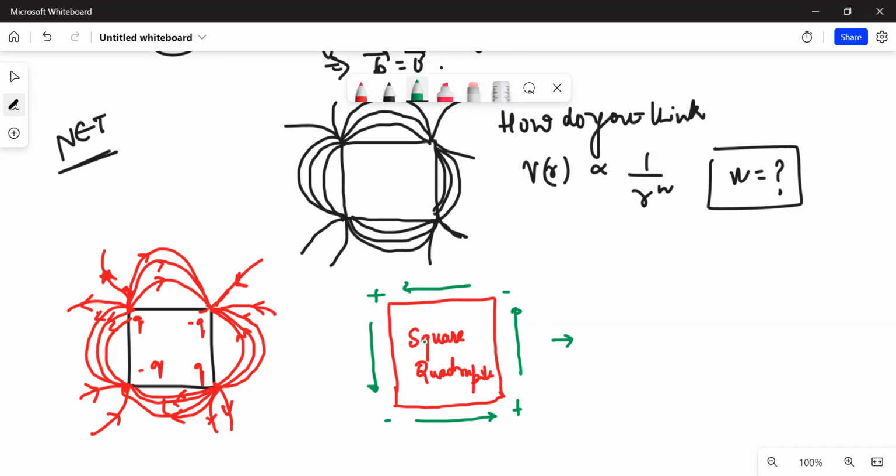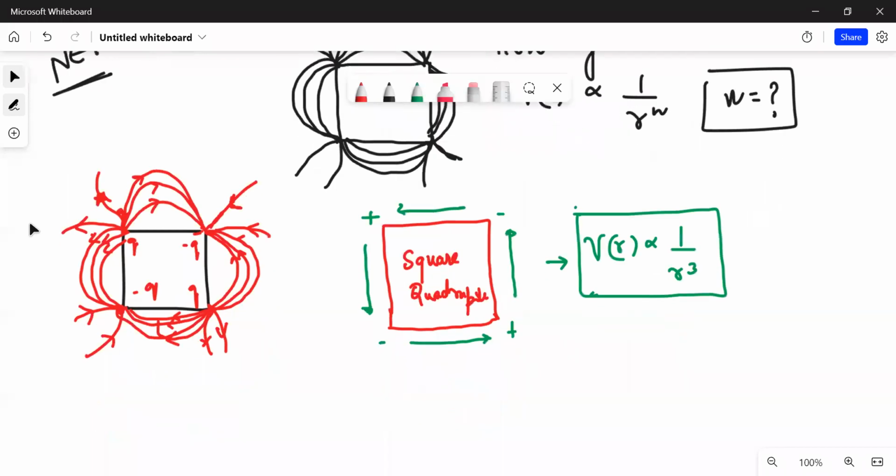So obviously this forms a square quadrupole, and I've taught you in multipole expansion that for a quadrupole your potential varies as 1 upon r cube. Is that clear? We'll study this in detail later on, but right now just understand that this forms a square quadrupole. Is that clear?